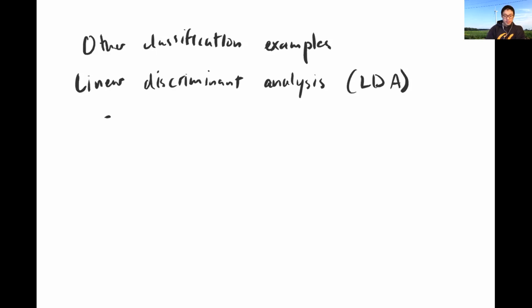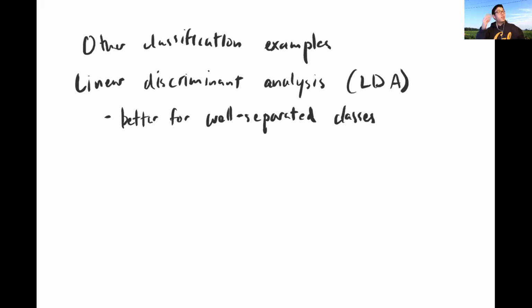So this is better for well-separated classes. In other words, if your response variable is sort of well-boundaried, a linear discriminant analysis can do a better job than logistic regression at prediction.